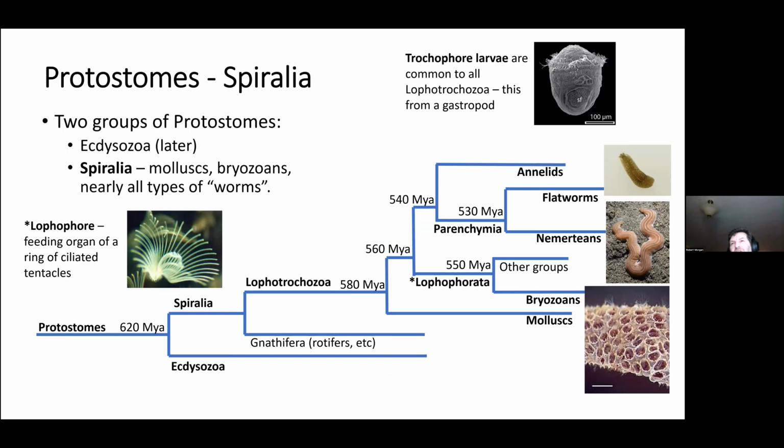They're very fragile things, but they're actually thought to be closely related to flatworms, which we came across a few of when we were down at Mount Batten a couple of weeks ago. And they are both in a group called the Parenchymia, and they're thought to be sister groups to each other.